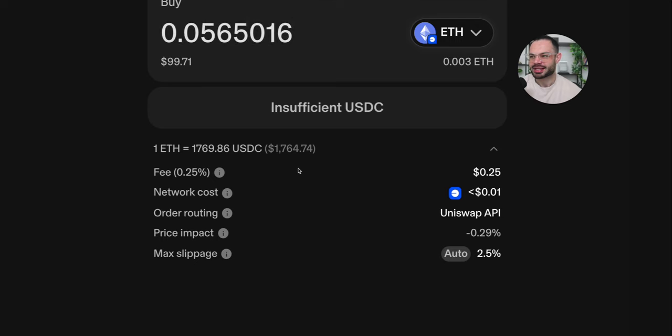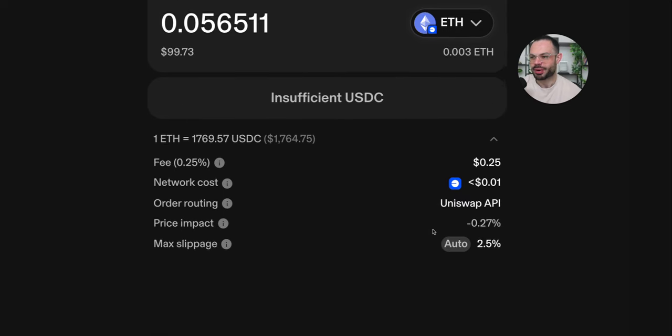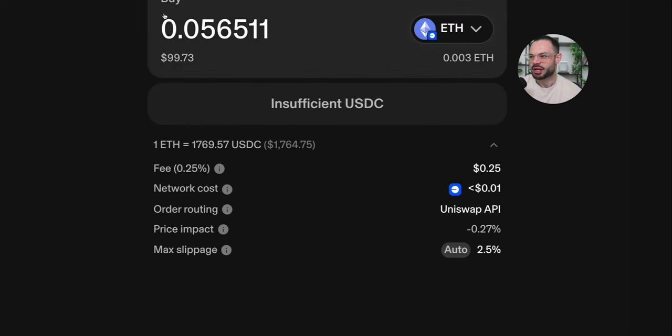Okay, in this instance, if we're swapping $100 into Ethereum, it's going to equate to about 0.056 ETH at today's prices. But you'll notice that in this case, the user executing the swap is paying that 0.25% fee tier fee of 25 cents on $100 of a trade.